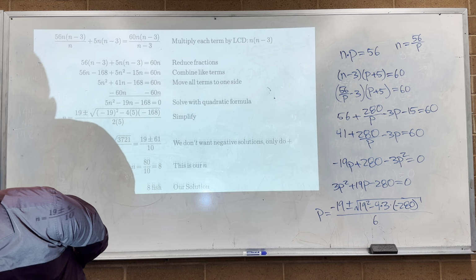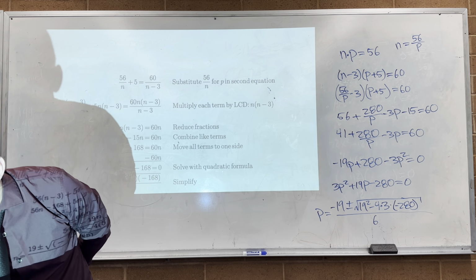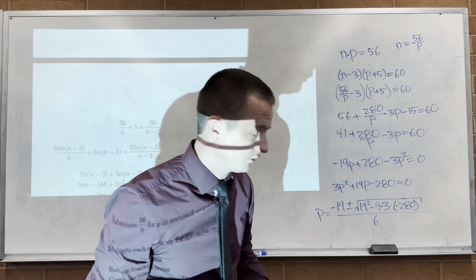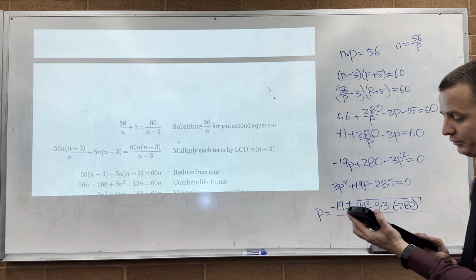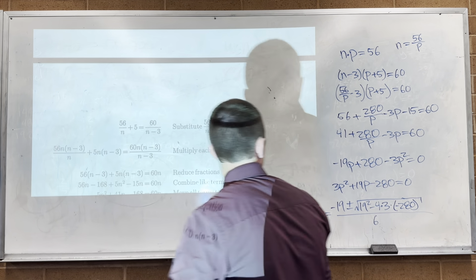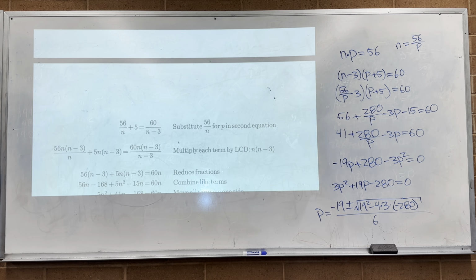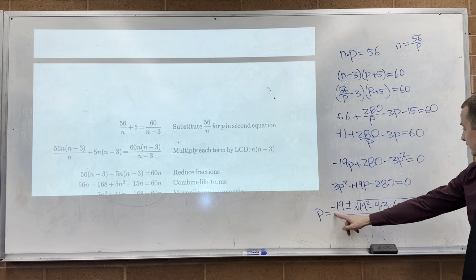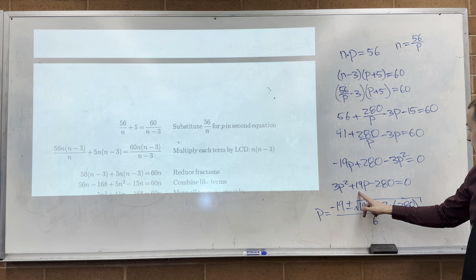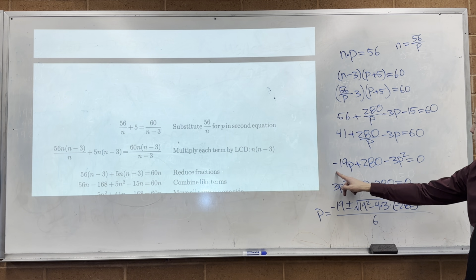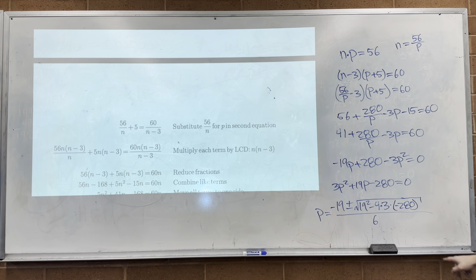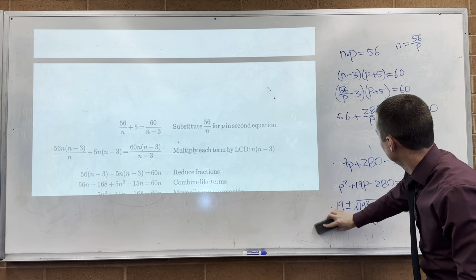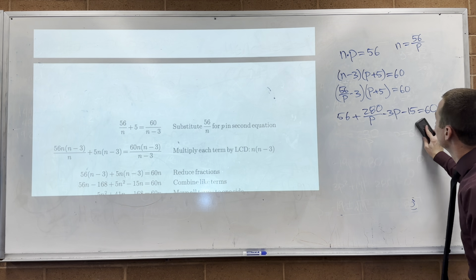Which means, nope, he gets an ugly answer too. So since he gets an ugly answer too, we'll just have to find it, I guess. But I don't like that this is negative. Let's see. Back to here. Make sure I'm not making a mistake.